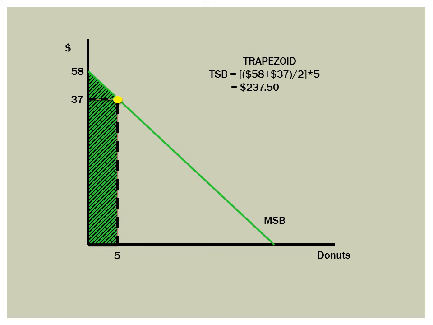The first base is the length from 0 to 58, and the second length is from 0 to 37. So we would add up the 58 plus the 37, divide by 2, and multiply by 5, and get a total social benefit of the 5 donuts of $237.50.